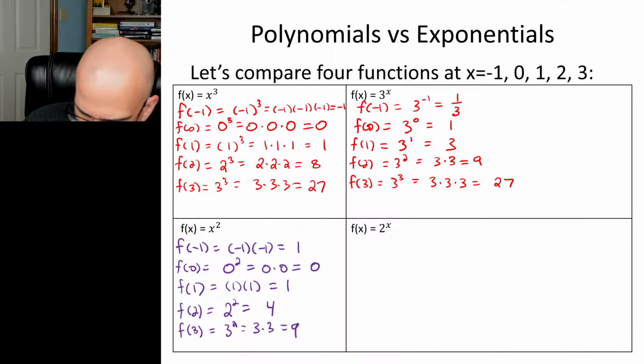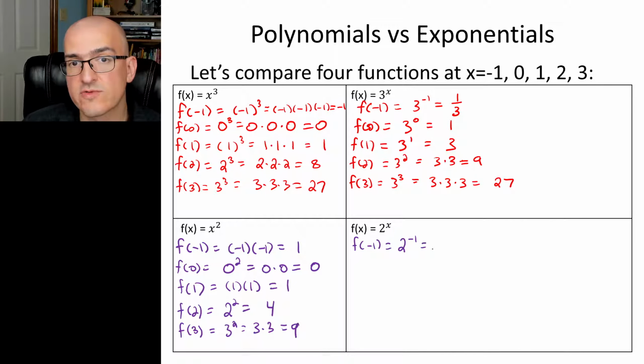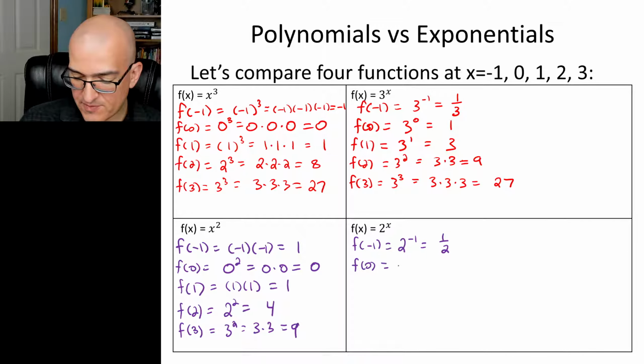Okay, now we're going to do the same thing for 2 to the power of x. We're going to evaluate it at each of those x coordinates. So 2 to the power of -1, which from our rules for exponents means 1/2. We have f of 0, 2 to the power of 0, which is 1. Almost anything to 0 is 1. f of 1, we have 2 to the power of 1, which is 2.